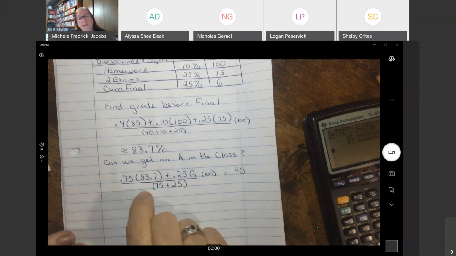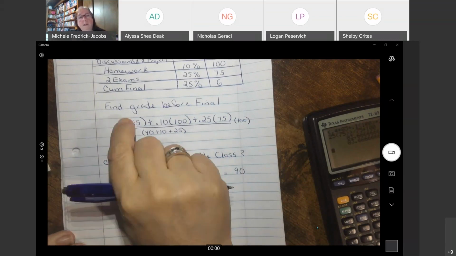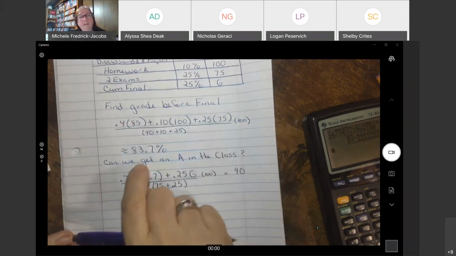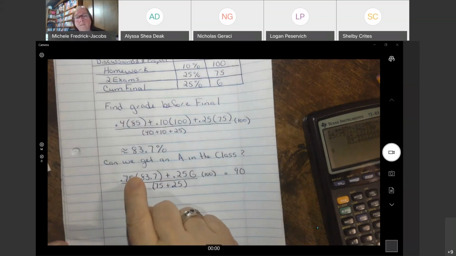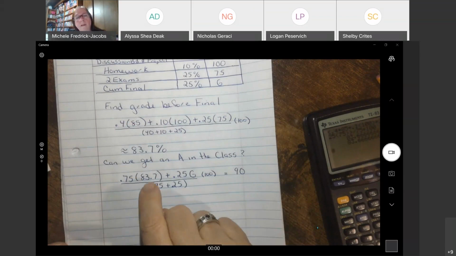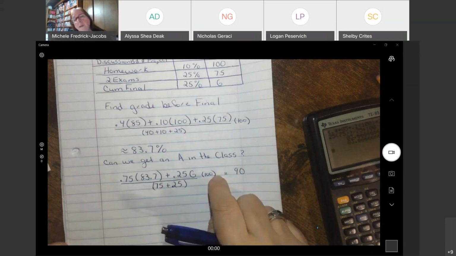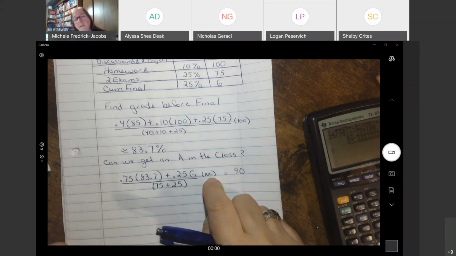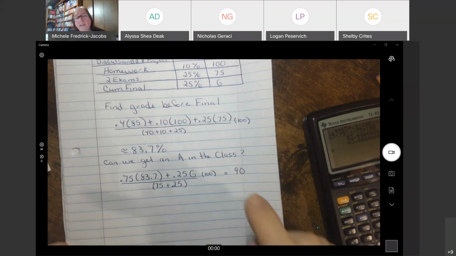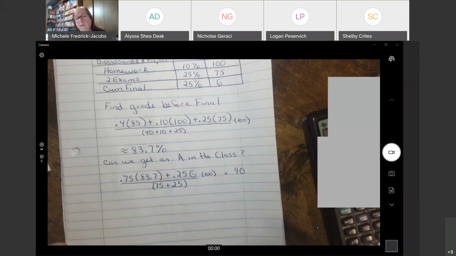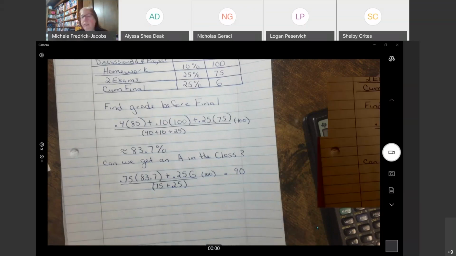So we're recalculating the average. And if you want, you can put these values here instead of this one. And then total percent, 75 plus 25. Multiply by 100 to make it a percent. And we want a 90. Any questions on setting it up?